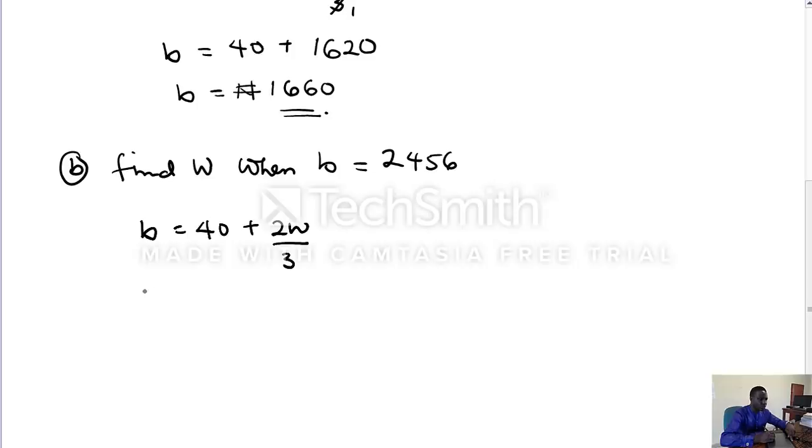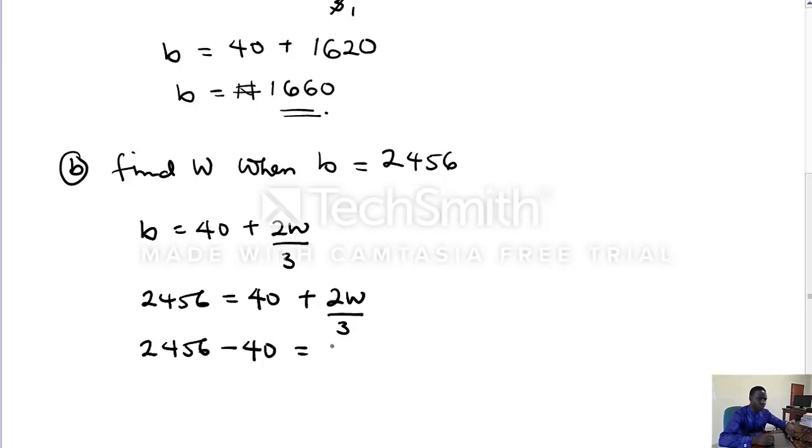So when you substitute, you are going to have 2,456 is equal to 40 plus 2W/3. So that this will give me, subtracting 40 from both sides, 2456 minus 40 is equal to 2W over 3.